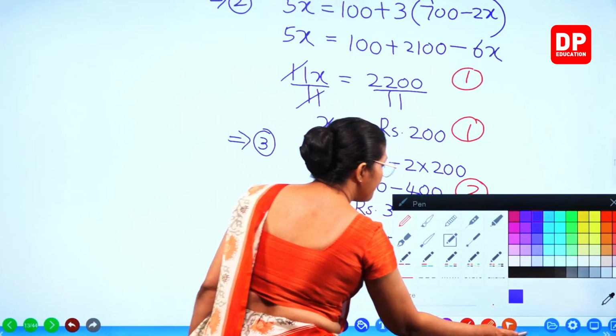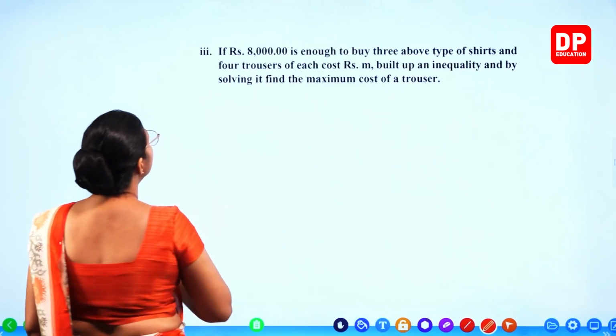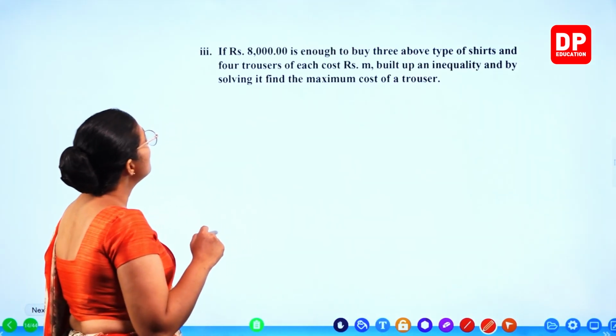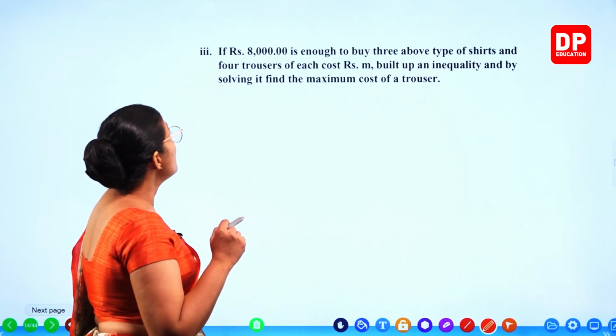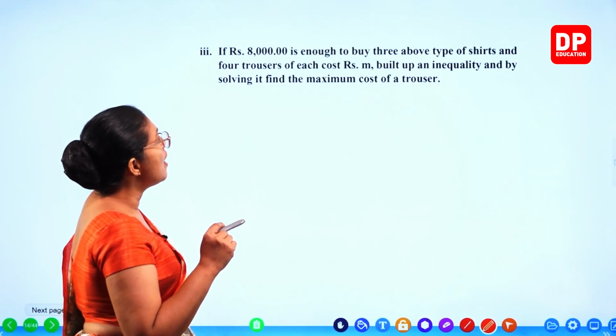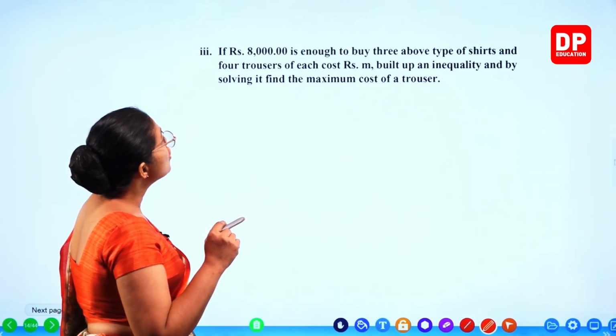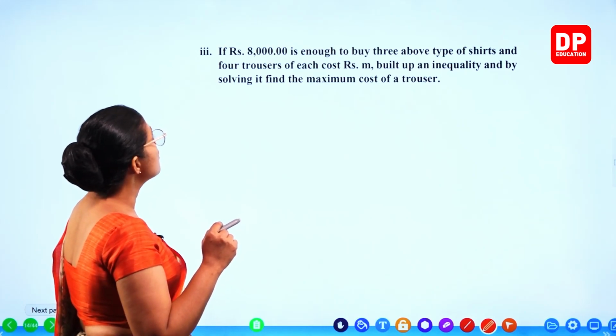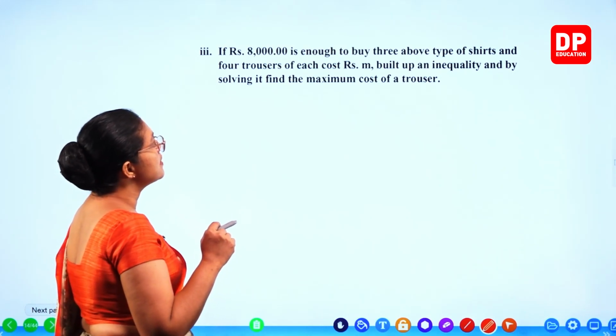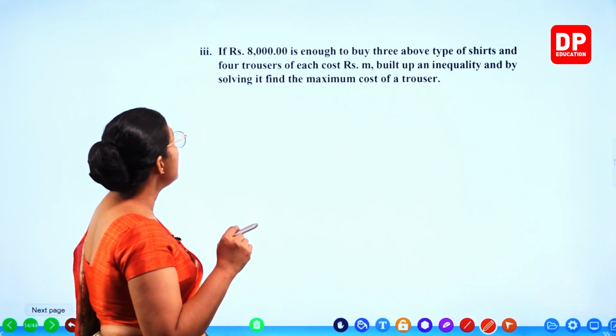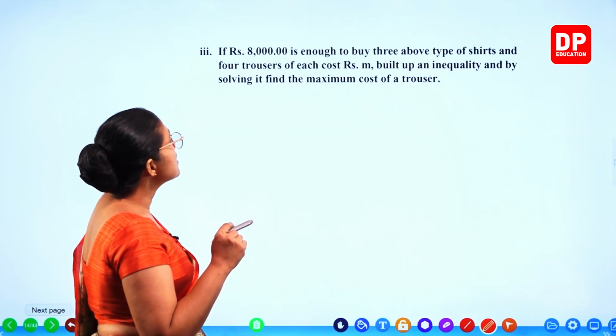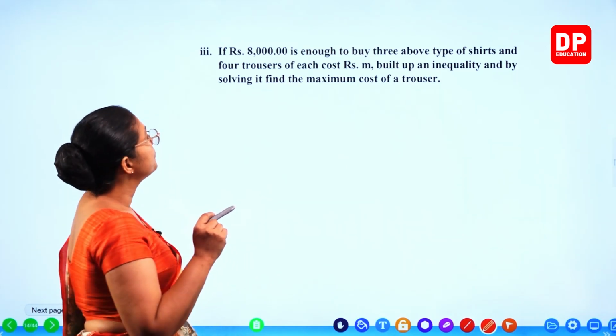So let's see the next part. Third part: if 8,000 rupees is enough to buy 3 of the above type of shirts and 4 trousers of each cost m rupees, build up an inequality and by solving it find the maximum cost of a trouser.